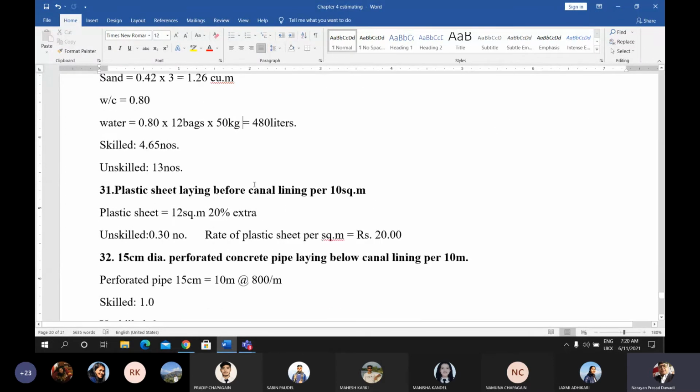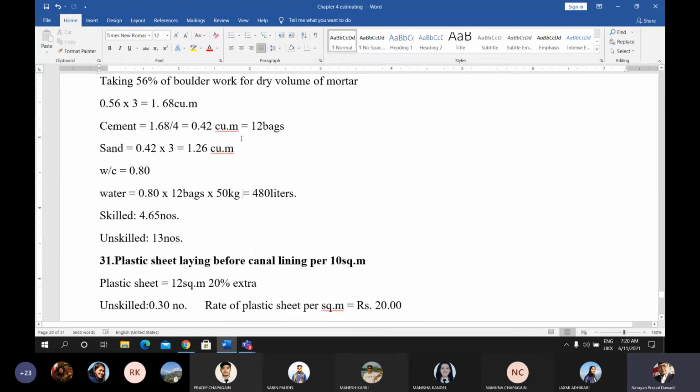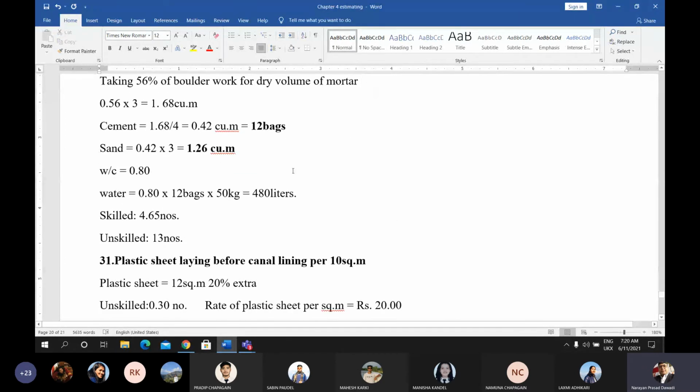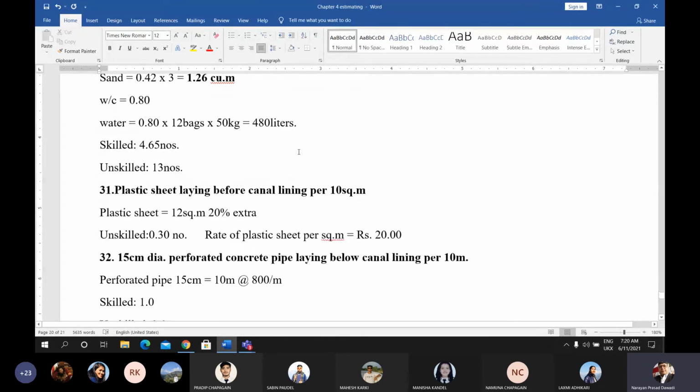Now, cement has 12 bags, sand has 1.26 cubic meter. This is the material I have calculated: boulder stone 3 cubic meter, cement 12 bags, sand 1.26 cubic meter, water 480 liters. This is the quantity of material.